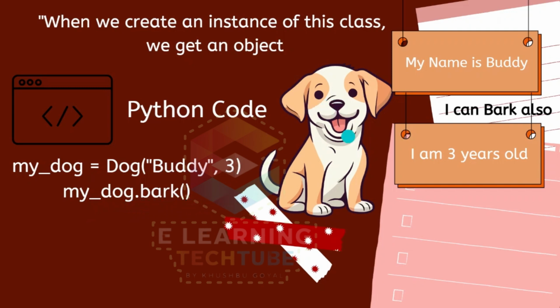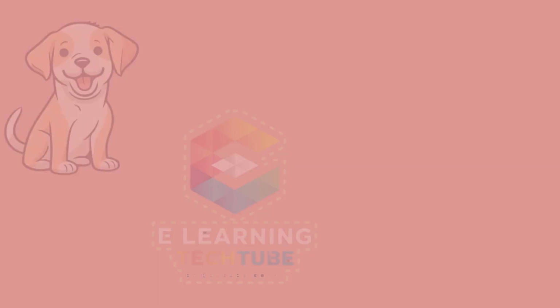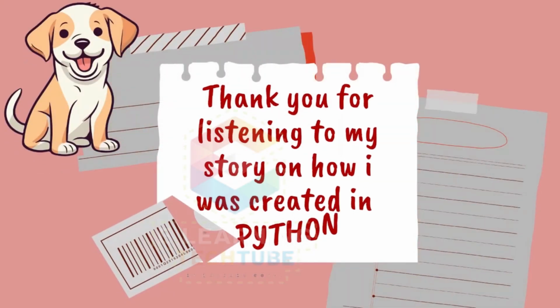So this dog has been created from the skeleton of the dog. The name of this dog is Buddy, and the age of this dog is 3 years old. So we can create an instance of this class and we get an object. So this is how the concept of class and object works, and we can create many dogs with this class.